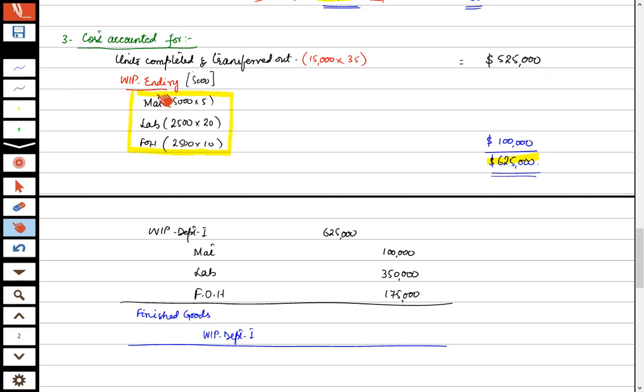And the cost of the units still in progress is 100,000. So in the finished goods department, we have transferred only 525,000. Then this would be the sequence of the entries.